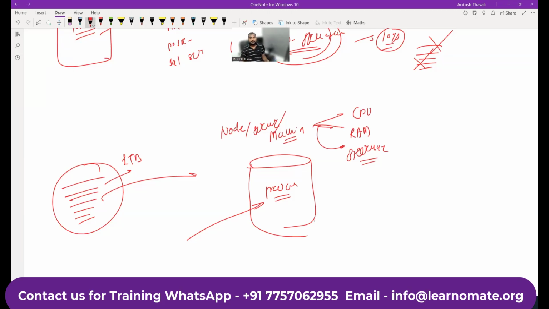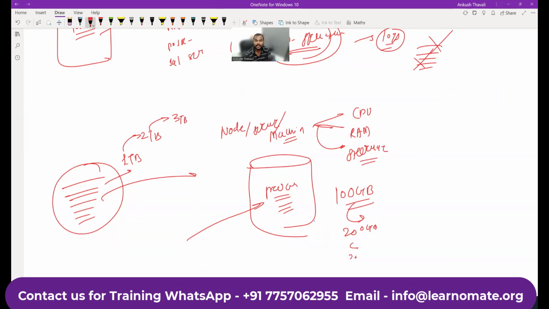Now the problem is with the processing frameworks we had before Hadoop. Let's say you allocate 100 GB of RAM. Initially you were able to process the data. Now as soon as this data reached 2 terabytes and then 3 terabytes, you increased your RAM to 200 GB, 300 GB.